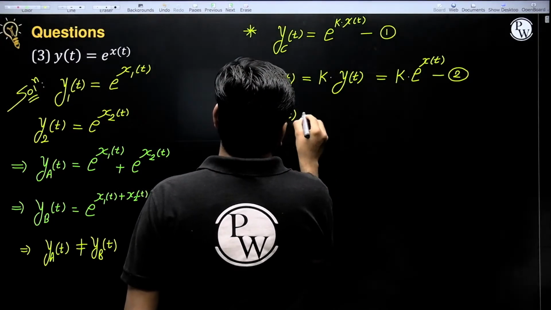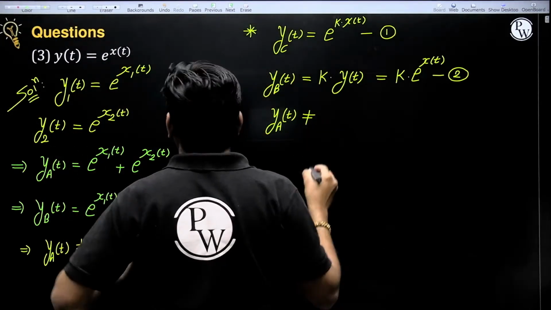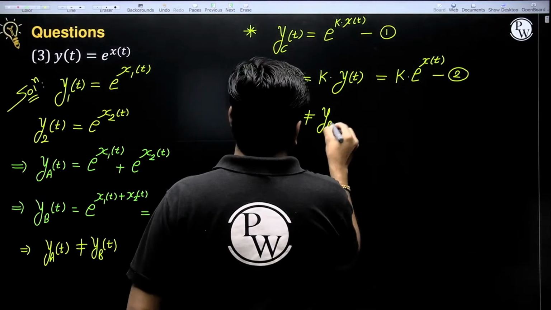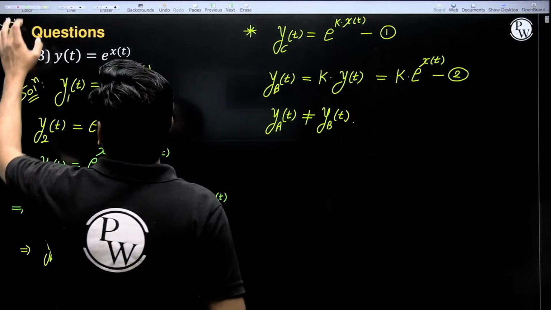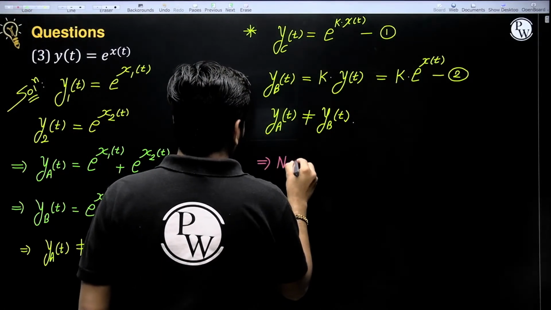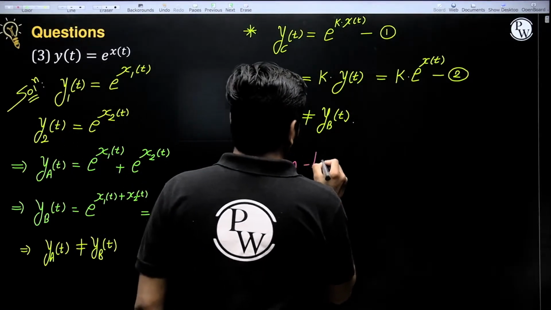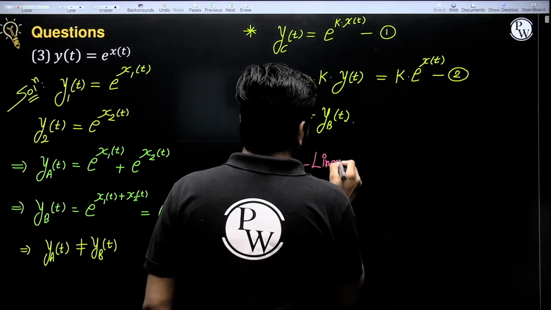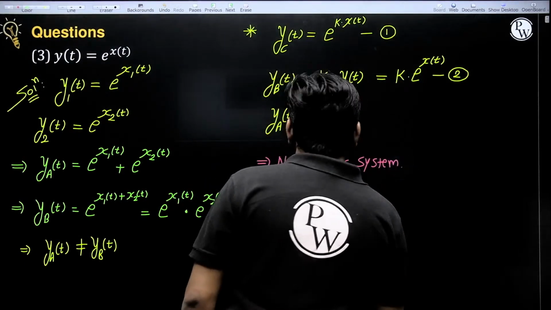Y of t is not equal to yb of t. The given system is what? Non-linear. Again you can say it is non-linear.